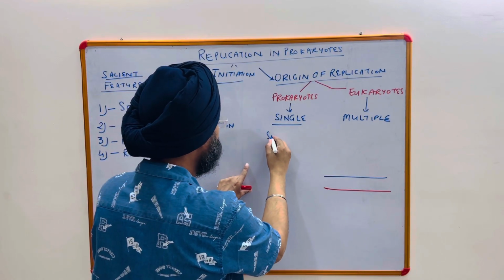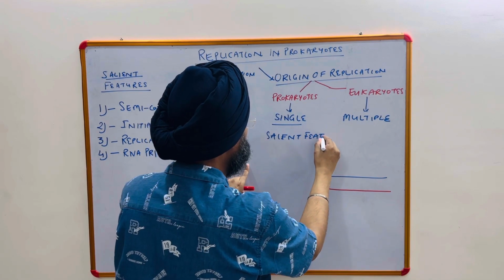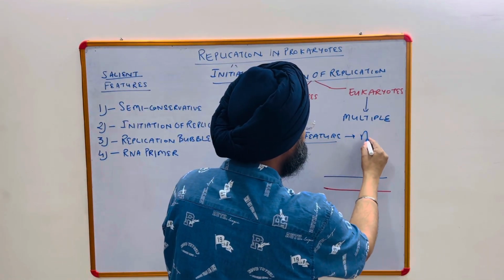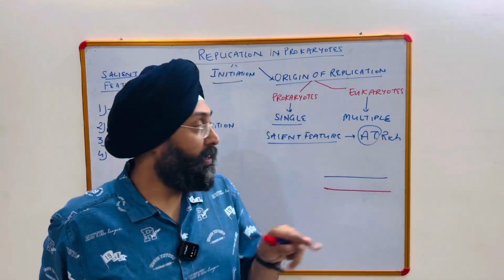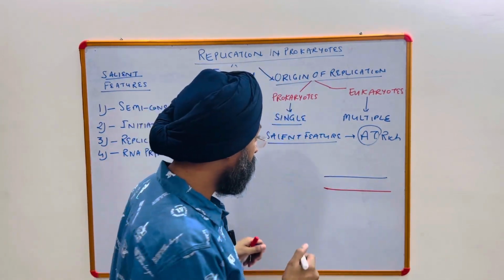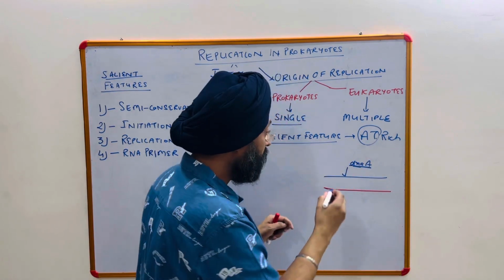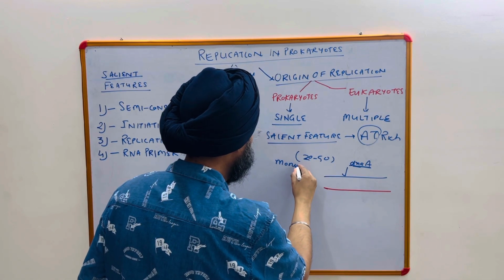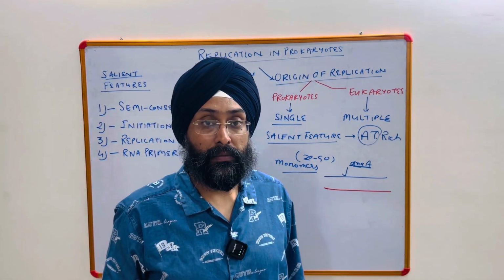And one salient feature is that this site where replication takes place is highly rich in AT base pairs, right? So the origin of replication has a high quantity of AT rich base pairs, and there is a specific protein called DnaA protein, right, with 20 to 50 monomers. It's attached, and that starts the formation of the replication bubble, right?